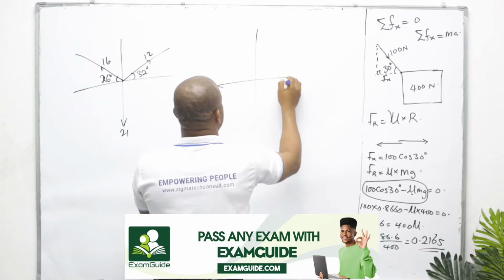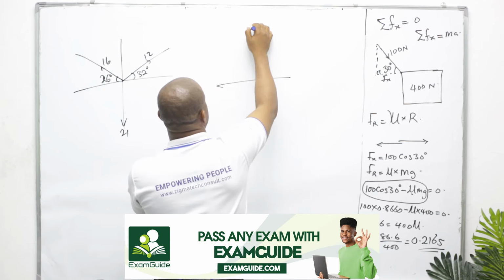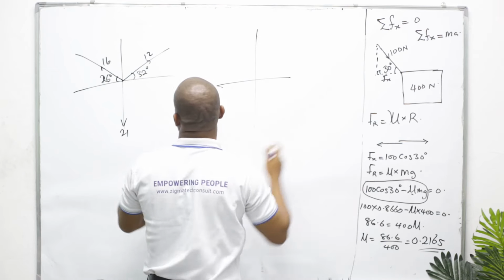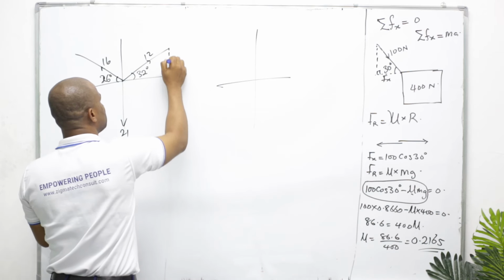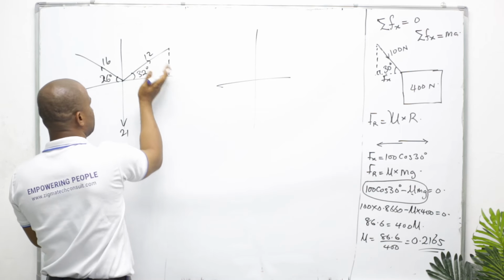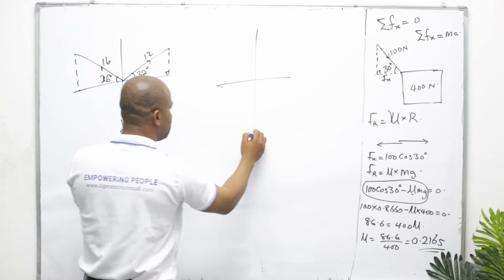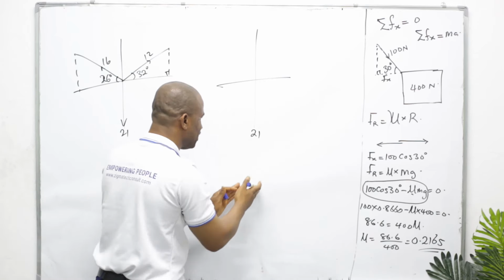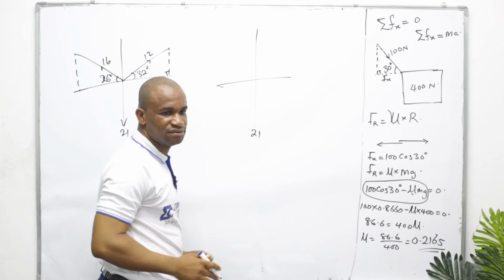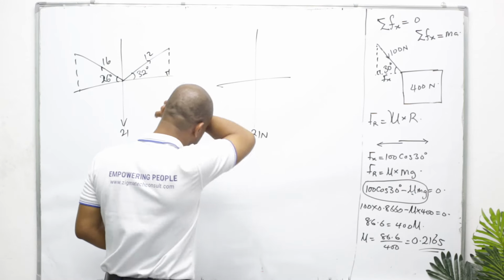So see what I will use. I'm going to use this platform. This is F, everything here is Y, everything here is X. So I'm going to resolve this to the vertical and to the horizontal. I'm also going to resolve this to the vertical and to the horizontal. This is already given as a vertical component, 21 Newton.